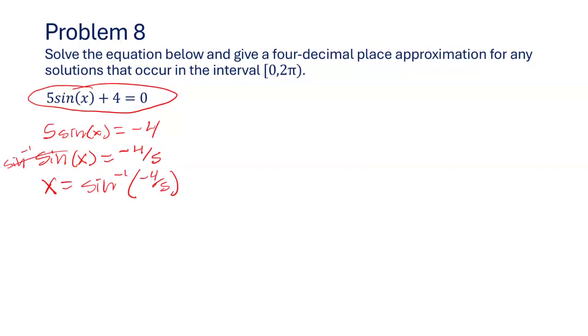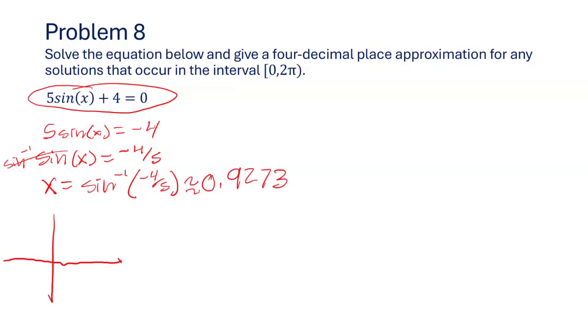So when we plug inverse sine of 4/5 into our calculator, we get that it is about 0.9273.